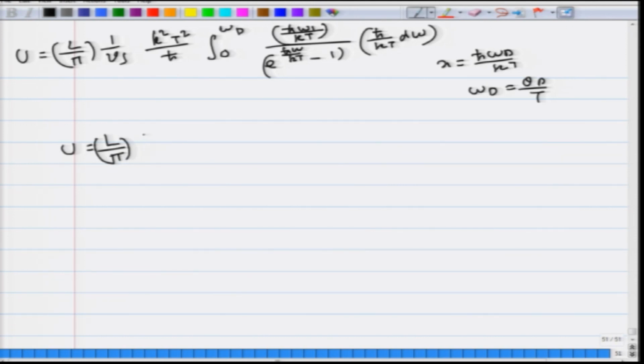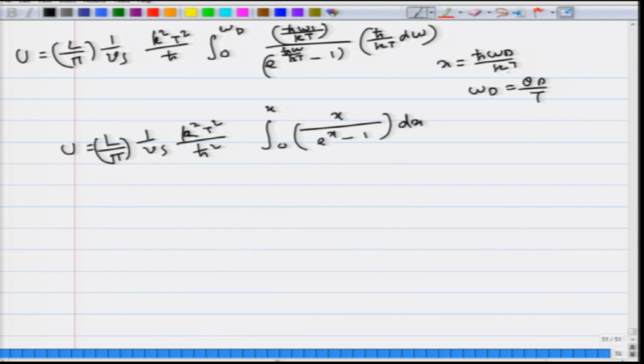Now, if we write them as k square t square by h cut square, 0 to x, this will be x by e to the power x minus 1 dx, where x equals omega d by kt. If we replace omega d by x, and x I can also write as theta d by t, because x equals theta d by t.